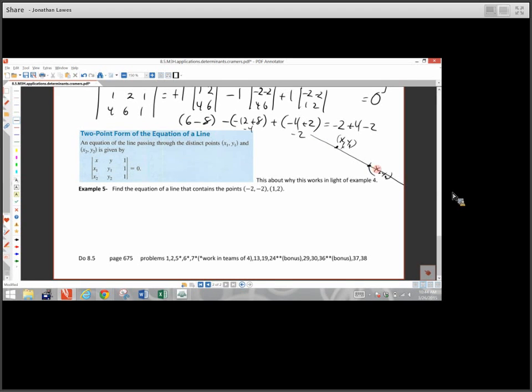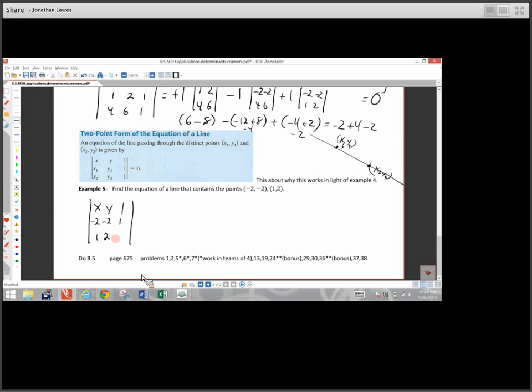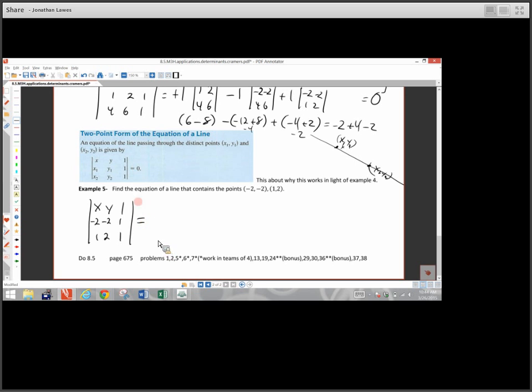Okay, so let's go ahead and find the equation of the line that goes through these 2 points. So we're going to do x, y, 1, -2, -2, 1, 1, 2, 1. Again, pick the easiest row or column to expand on. Again, we're going to call it the third column, right? Third column's the easiest.